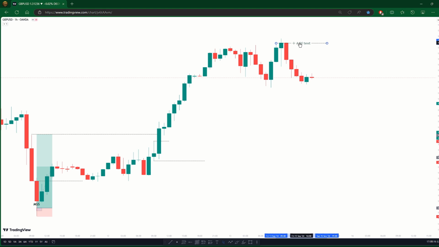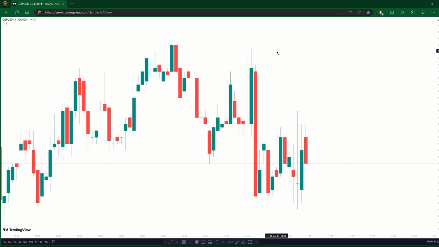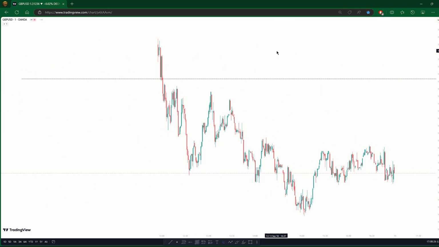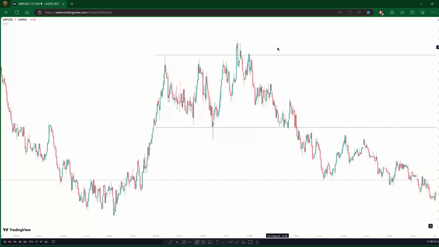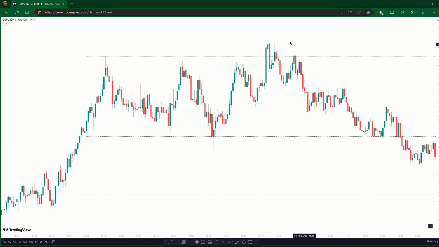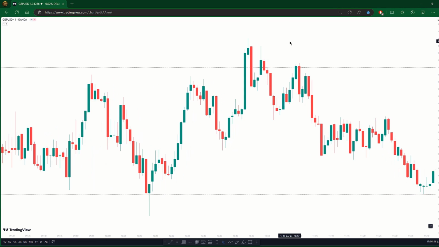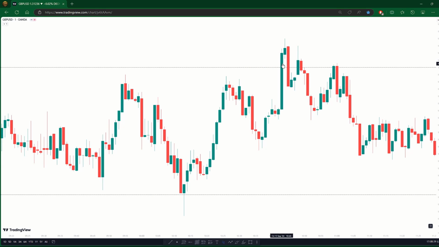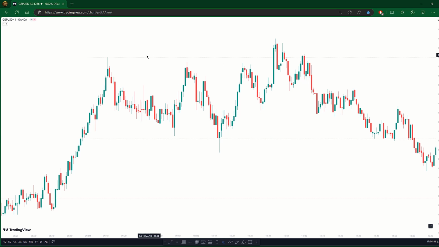This was on Friday. Even on Friday, as you can see here, there was this big movement just to take out all these buy side liquidity here.